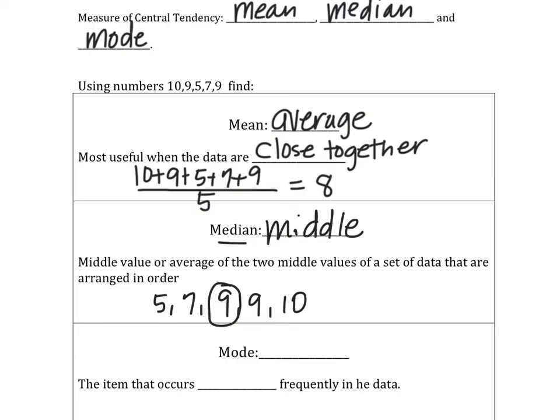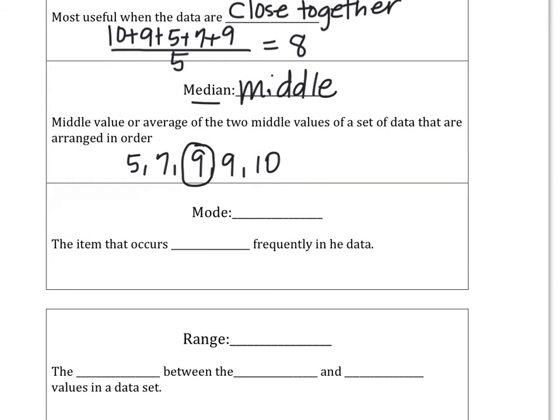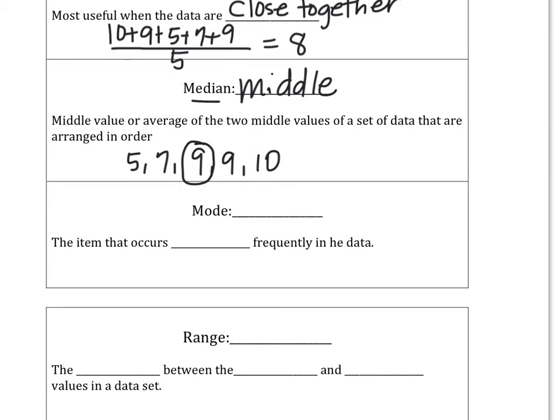Now let's take a look at our next one, and that is mode. The way that I remember this is mode is the one that occurs the most. So the item that occurs most frequently in the data.